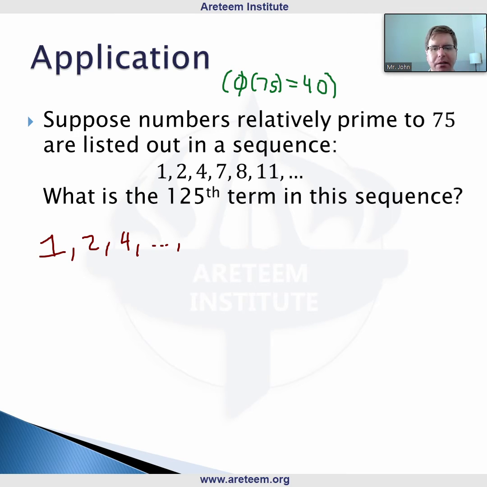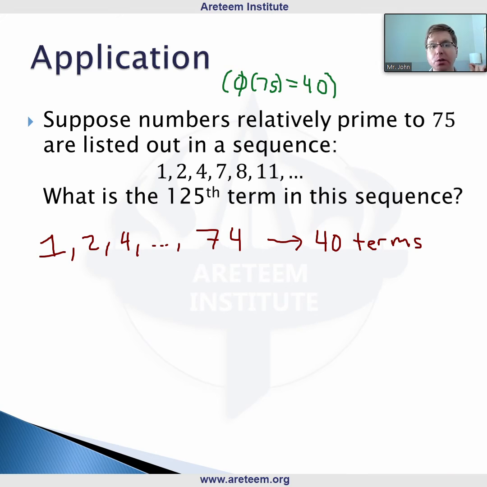So in fact, we know that 74 is going to appear in this list. Something even more that we know is that this is 40 terms in total. So we can jump ahead in a sense: phi of 75 being 40 tells us that we have 40 terms in total from 1 to 74.